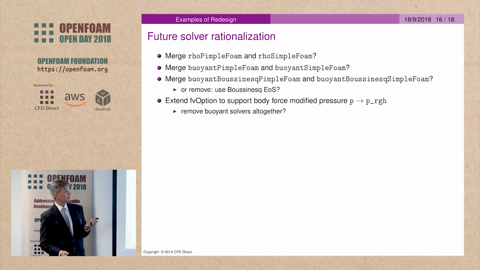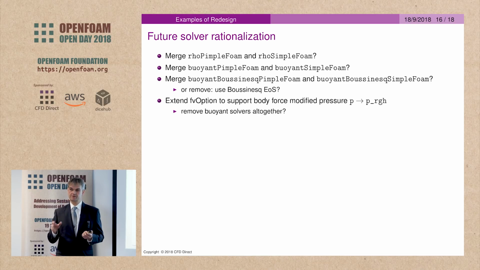We don't really need them anymore because we have a Boussinesq equation of state. So actually, these buoyant solvers will run Boussinesq by choosing the Boussinesq equation of state. But we need to spend a bit of time to see if there's any subtle difference in behavior or inefficiencies associated with that. Is it worth keeping these additional solvers? My feeling is probably not.